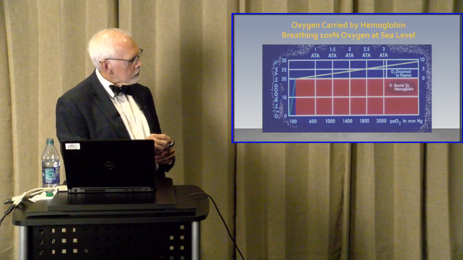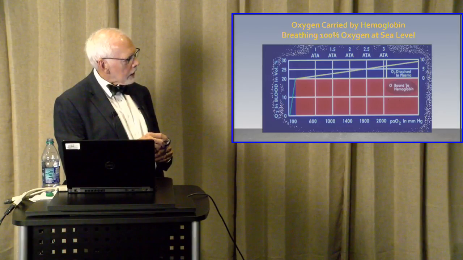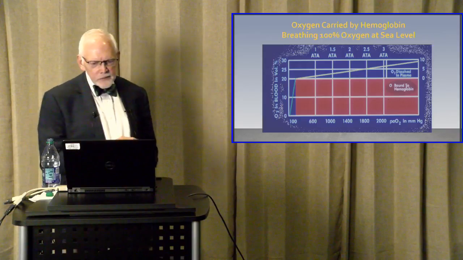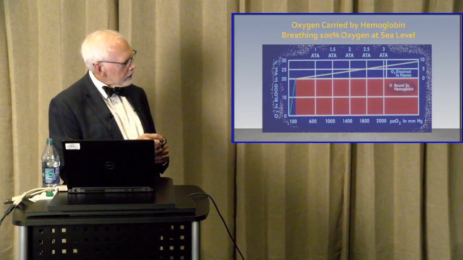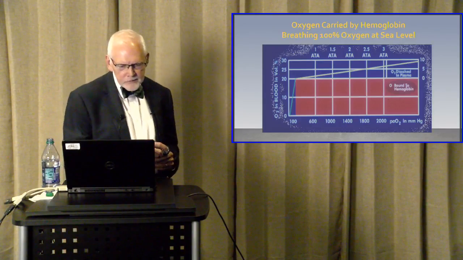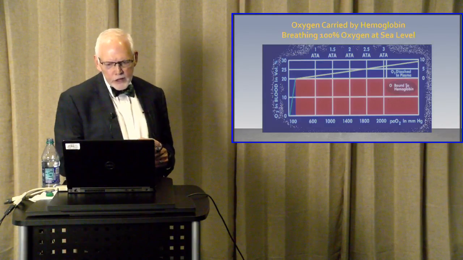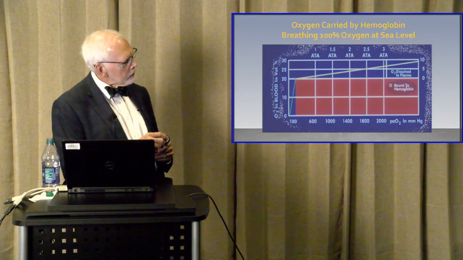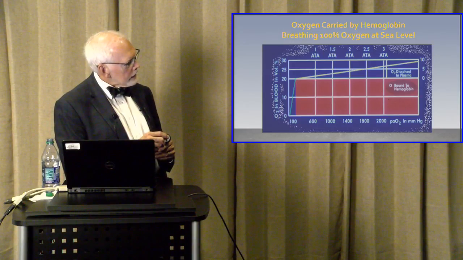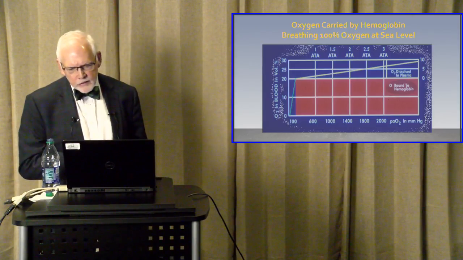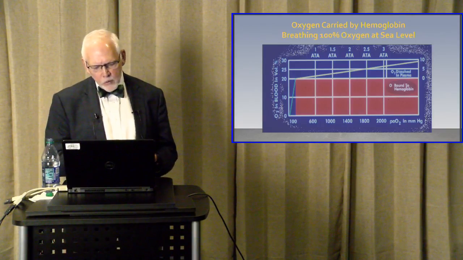Normally, your hemoglobin is loaded up with oxygen. It's about 98-99% saturated, and there's a little bit of oxygen dissolved in the plasma. But if you increase the partial pressure of oxygen by increasing the pressure to, as I said, 2 to 3 atmospheres absolute, then you can get quite a bit more oxygen into the plasma.